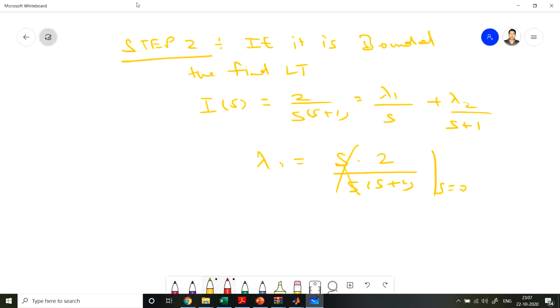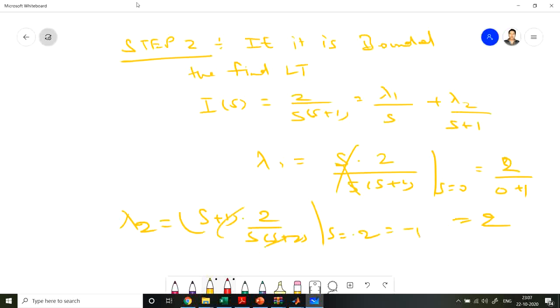It is equal to 2 divided by 0 plus 1, it is 2. And lambda 2 is (s plus 1) multiplied by 2 divided by s(s plus 1) at s equal to minus 1. So it is equal to 2 divided by minus 1, which is minus 2. So I(s) is equal to 2 divided by s minus 2 divided by s plus 1. So i(t) is 2u(t) minus 2e raised to the power minus t into u(t).